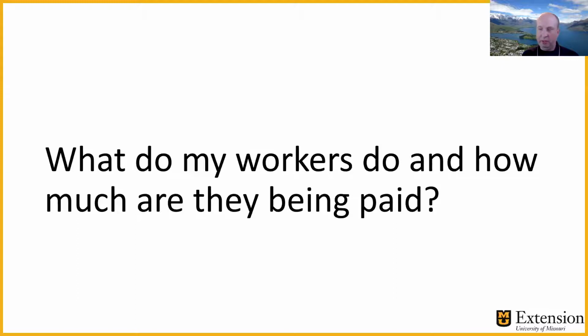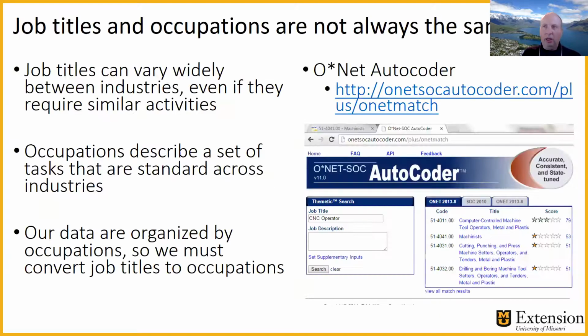So it's important to know that industry data, or NAICS-based data, describes what companies make, like food manufacturing or professional and technical services. But occupations describe what workers do. So managers, nurses, carpenters, etc. One of the important things to keep in mind is that job titles and occupations aren't always the same.